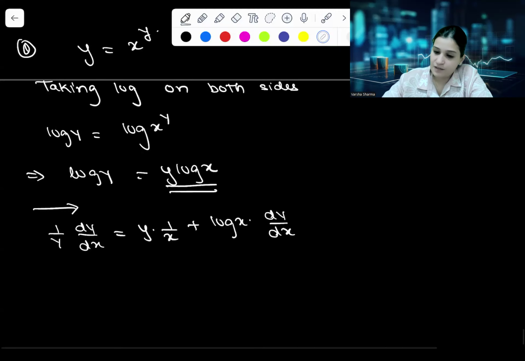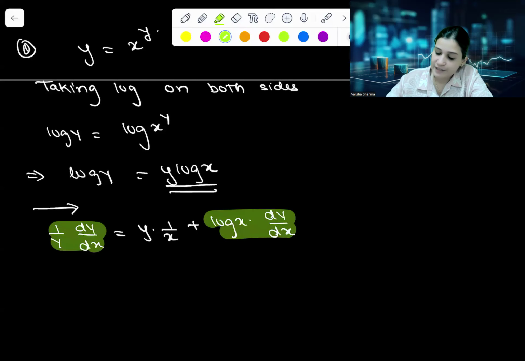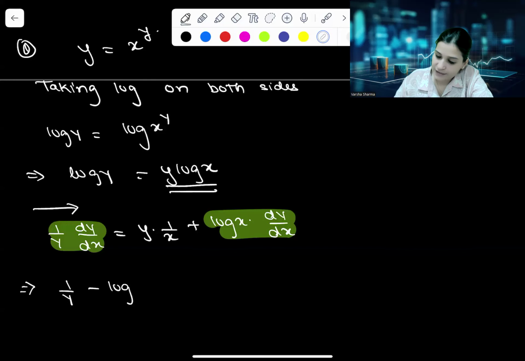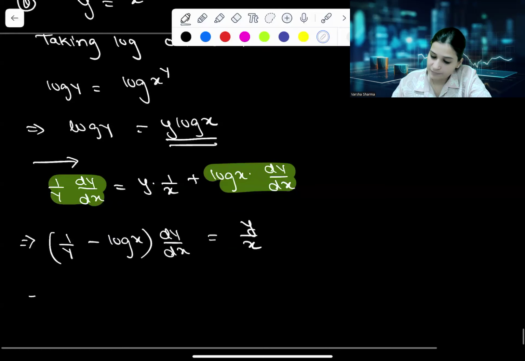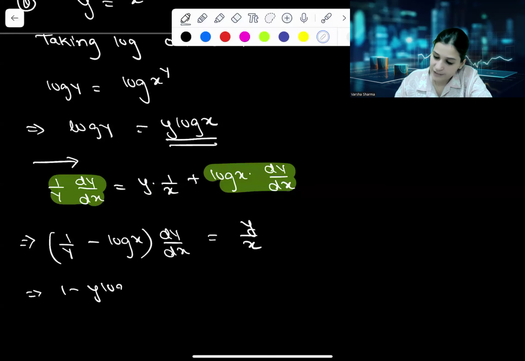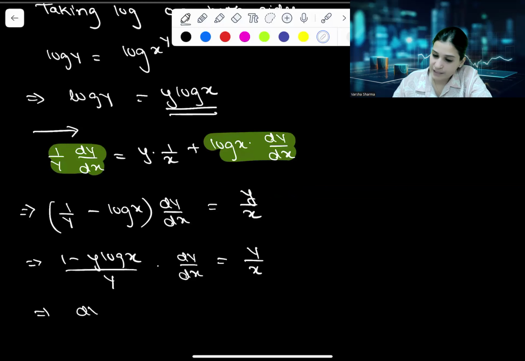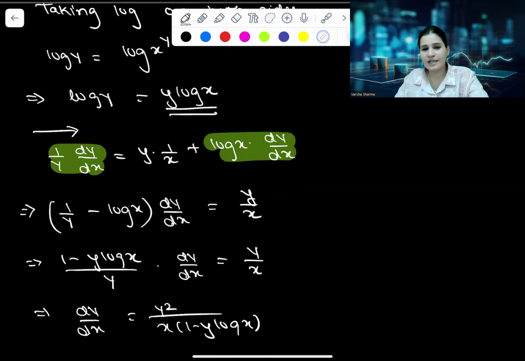Now, both these terms that contain dy by dx, let's bring them to one side. 1 by y minus log x, times dy by dx, equals y by x. Taking LCM, 1 minus y log x by y equals y by x. So dy by dx equals y square by x into 1 minus y log x. Here, there's no need to again replace y. You can leave it as it is.